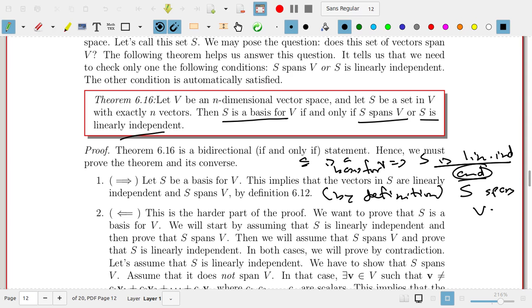We know that both these statements are true if S is a basis for V.